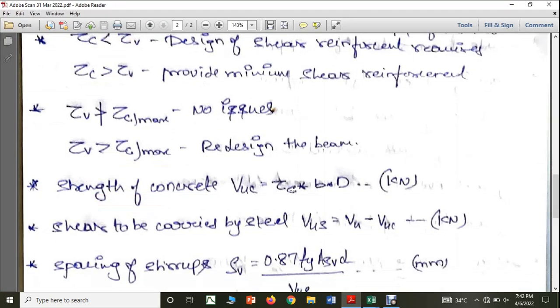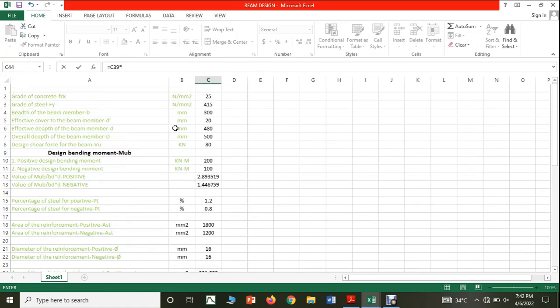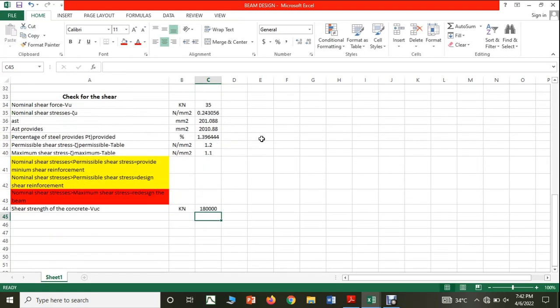It is tau c, the permissible shear stress, into B into capital D. That will give you the value in Newton, divide by 1000, and that will give you the value in kilonewton.